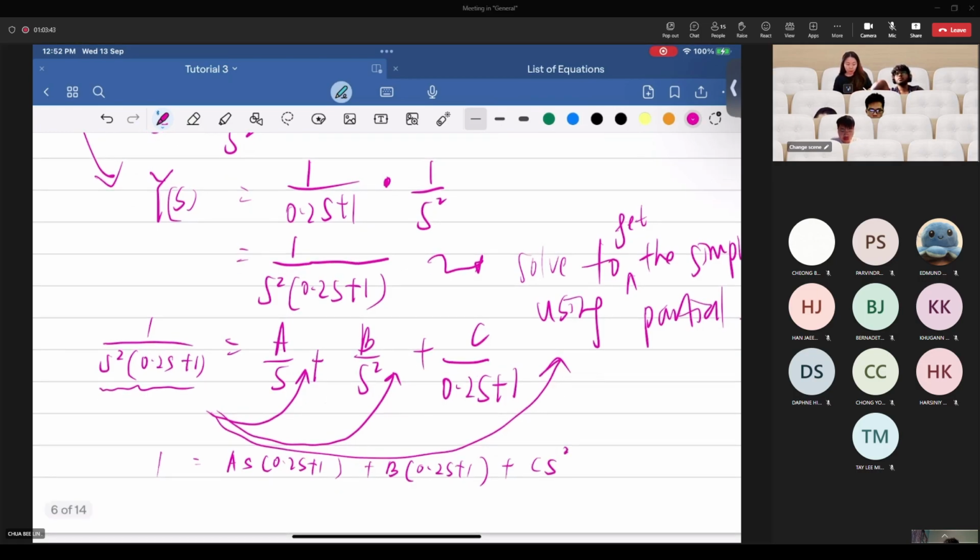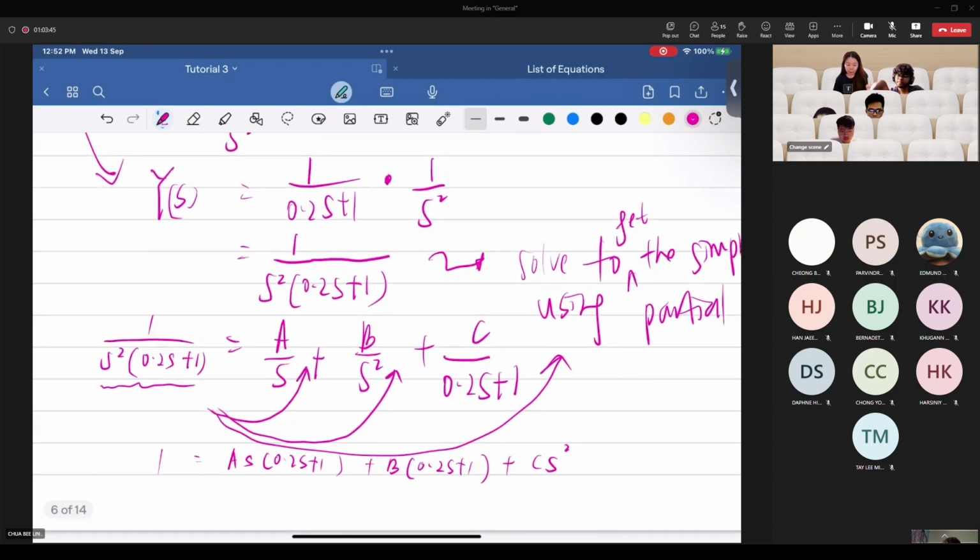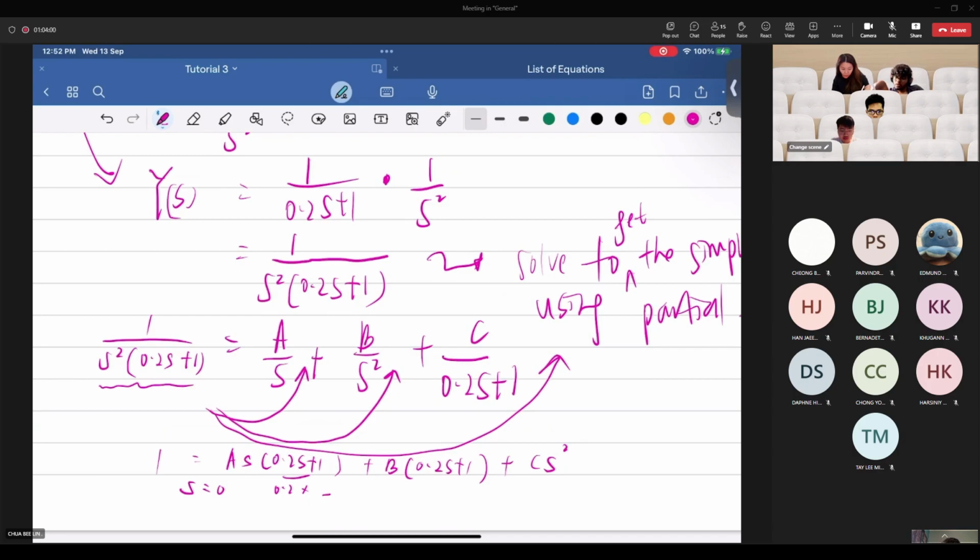Then you substitute the s value so that you can cancel one of the terms. The easiest one is s equals 0. How to make the other term equal to 0? It's 0.2 times something plus 1 equals 0. You can use your calculator to find the value of s, or you can just put s equals 1 or s equals 2.